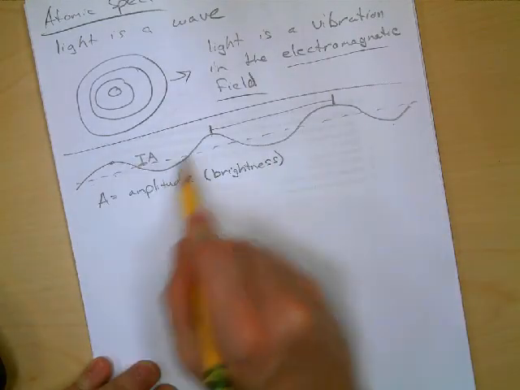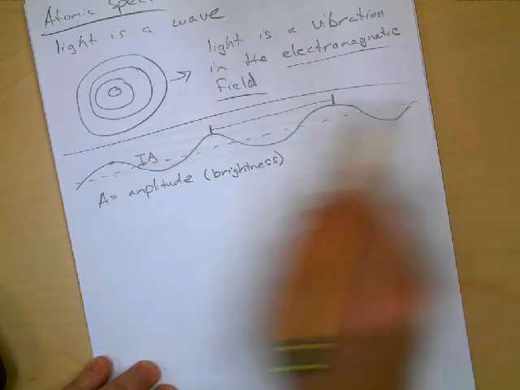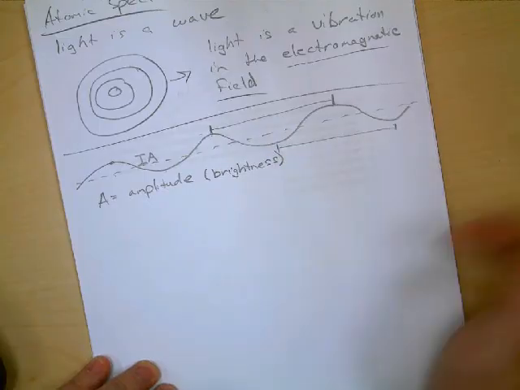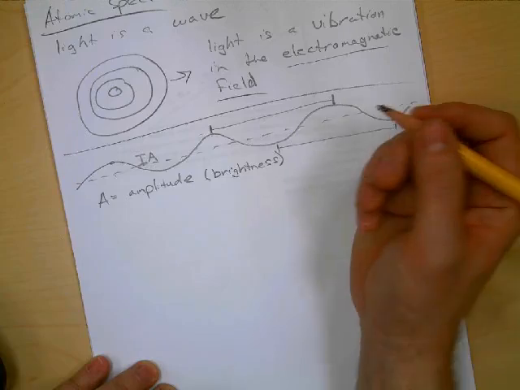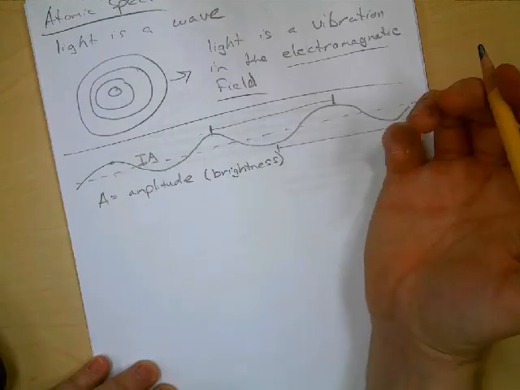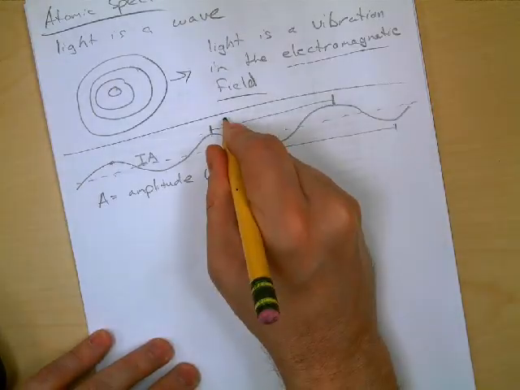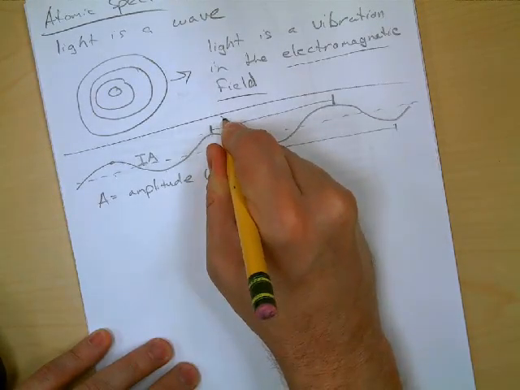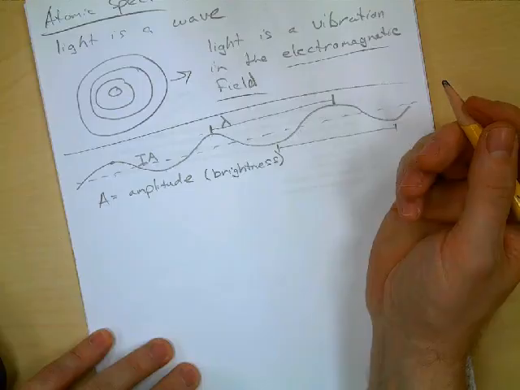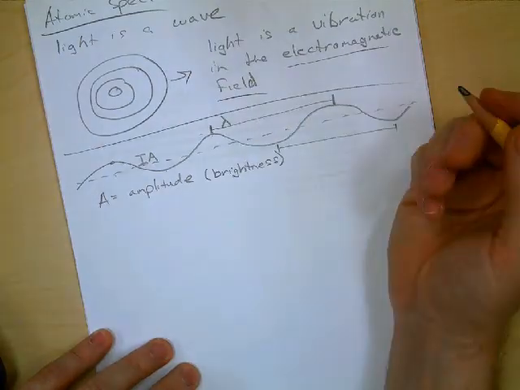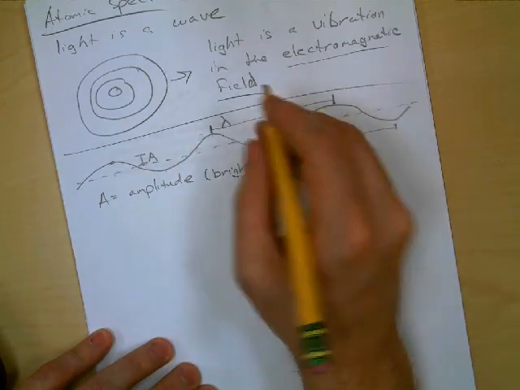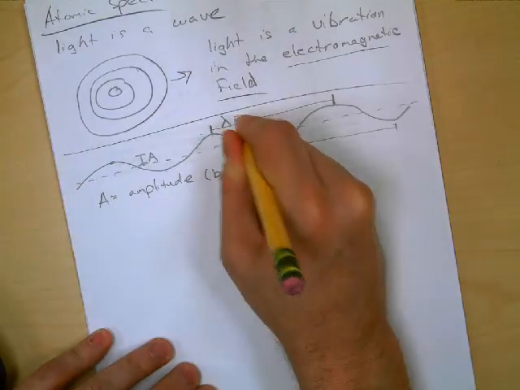Because if this is a uniform wave, then this distance here would be the same as this distance here, for instance. And that distance is a length. So you would think maybe we'll use the letter L for length, but chemists have decided they're going to use the Greek letter L. So Greeks used to write their L's like this. And it's called a Greek letter lambda. What you need to know is it represents the wavelength.